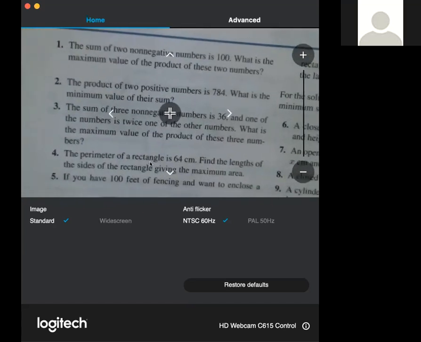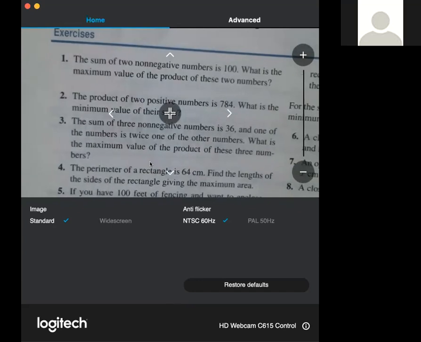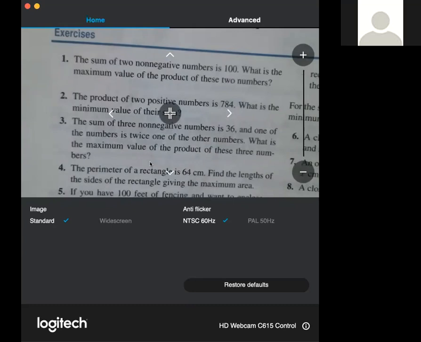But here's the deal. You've got 2 non-negative numbers and the sum is 100. What is the maximum value of the product of these 2 numbers? When you're doing an optimization problem, you have 2 different equations involved in solving the problem, okay?